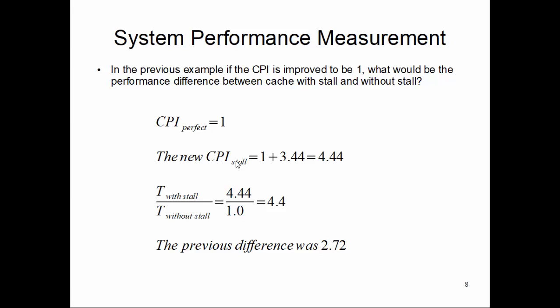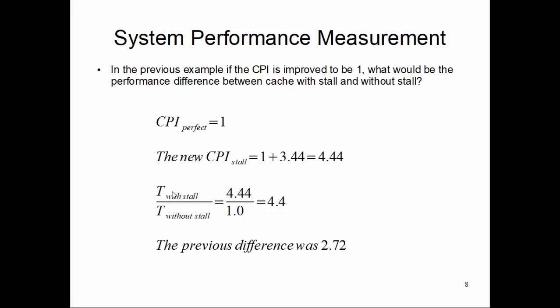The new CPI with the stall, because you're improving on the CPI of the CPU but you're not taking care of anything with the stall, your stall CPI would still remain 3.44. Remember that in the previous problem we added 2 plus 3.44 and that becomes 5.44. Now it is 1 plus 3.44, which is 4.44.